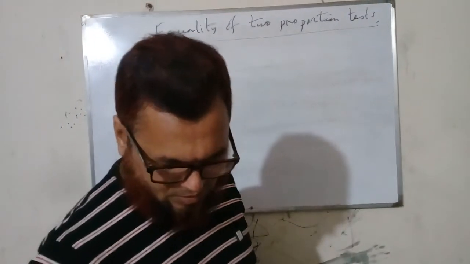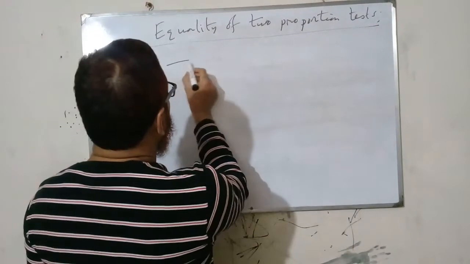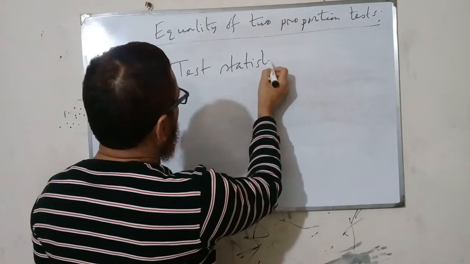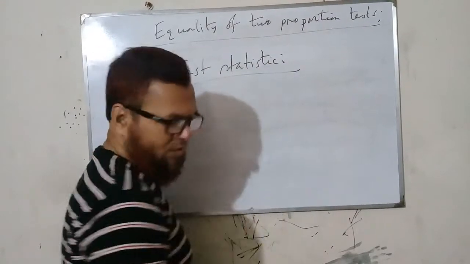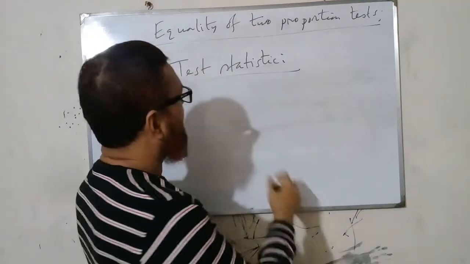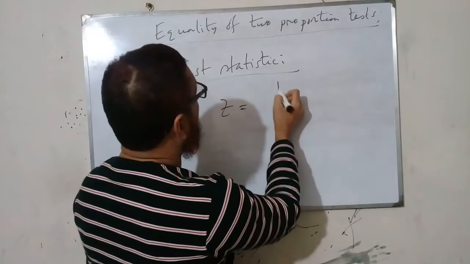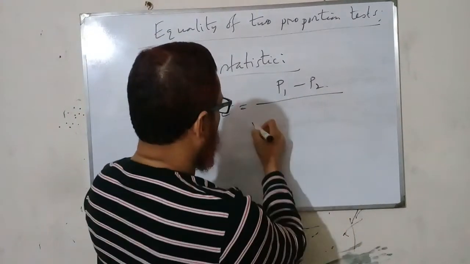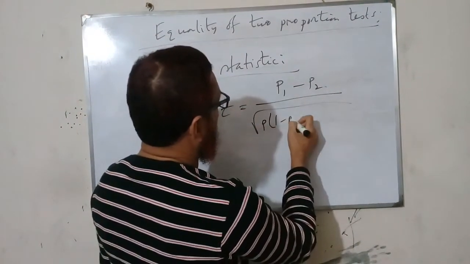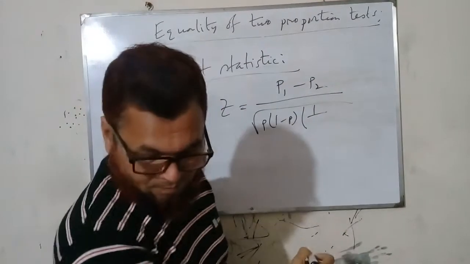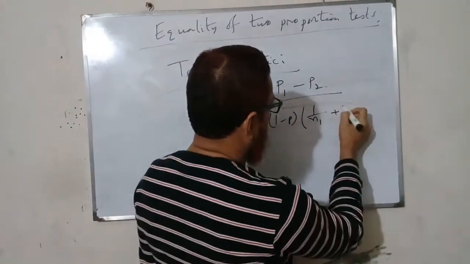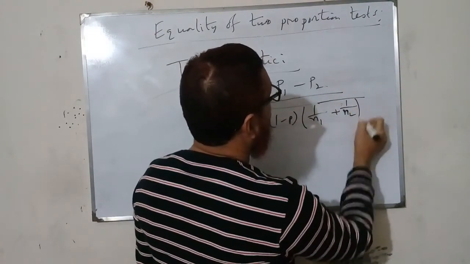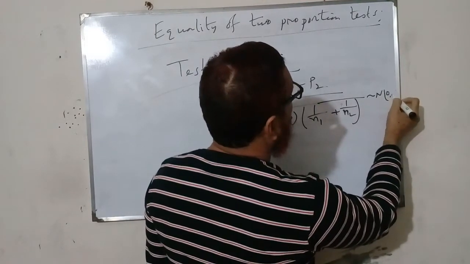Test statistic. The appropriate test statistic is Z equal to (P1 minus P2) over root of P into (1 minus P) into (1 by N1 plus 1 by N2).